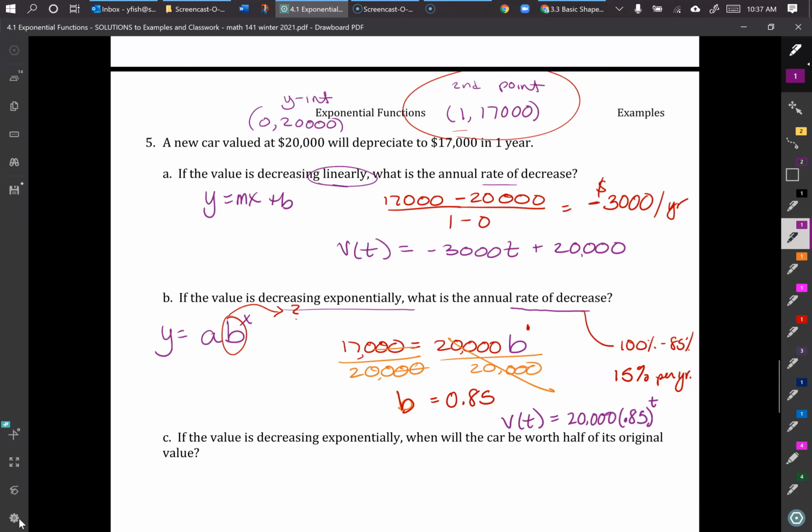If the value is decreasing exponentially, when will the car be worth half its original value? So we haven't learned logs yet. If you've had those before, then you can maybe figure this out. That's how you solve for an unknown exponent, using the inverse operation of exponents, which is logarithms, but we're not there yet.